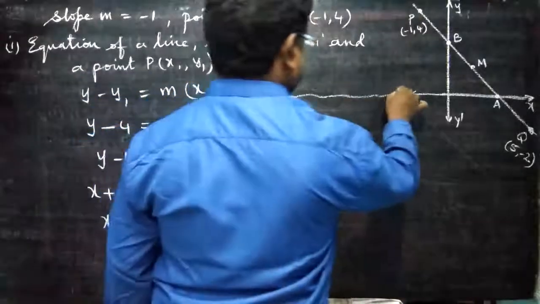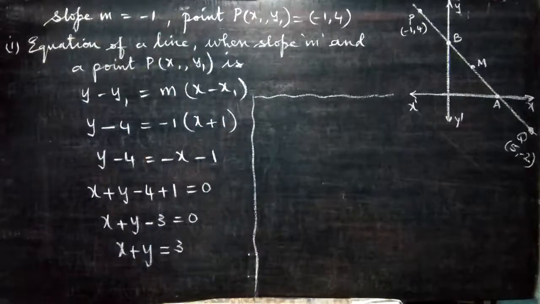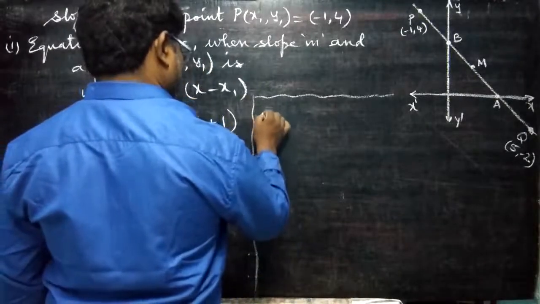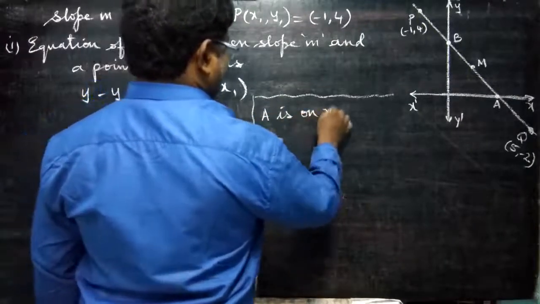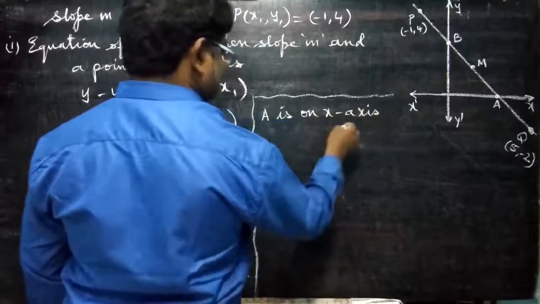What are they telling? A point is on x-axis. A is on x-axis. What is the meaning of x-axis?